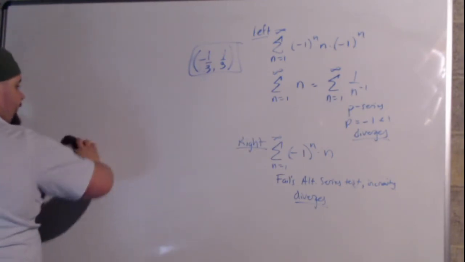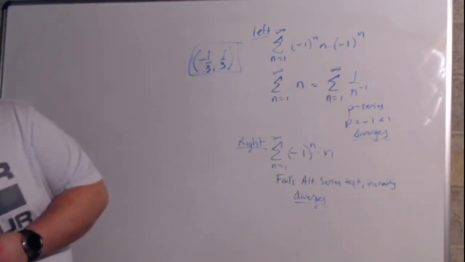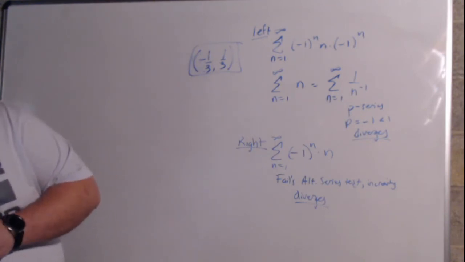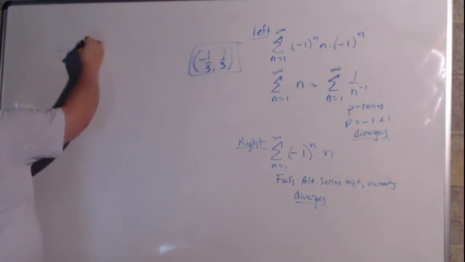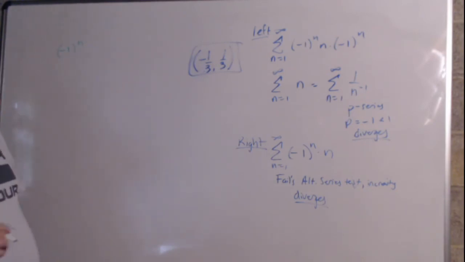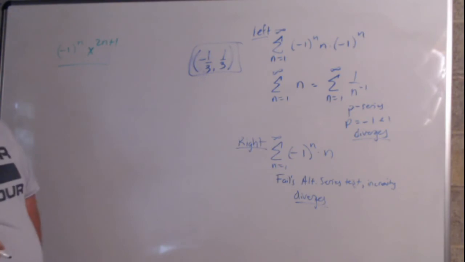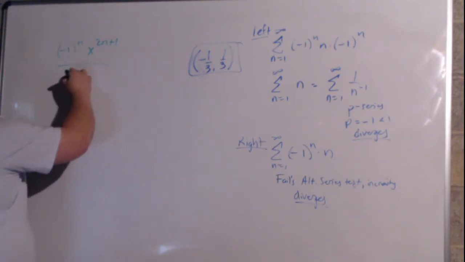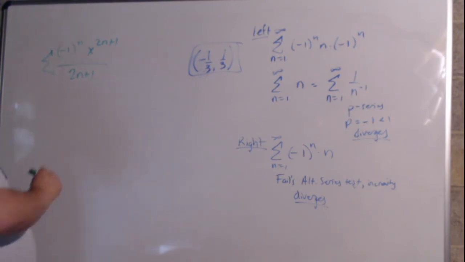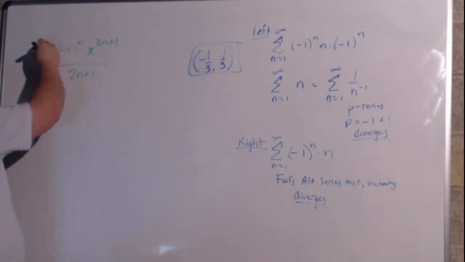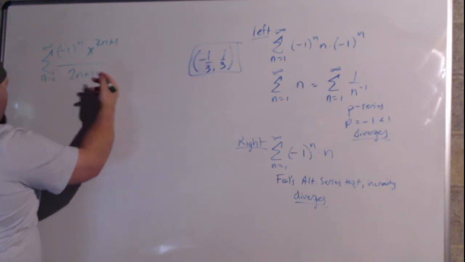Let's write out the first couple terms of arctan. So it's negative 1 to the n, x to the 2n plus 1 over 2n plus 1, and it's a sum starting at 0. So plug in 0. Negative 1 to the 0 is 1.